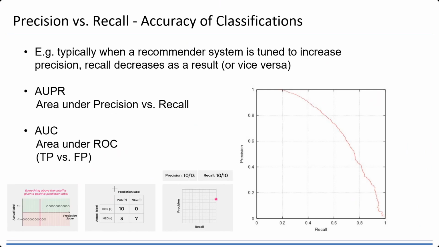It means from the 10 that are true positive, we divide by the total that is actually positive. Precision is the true positive divided by the total of data that has been recommended as positive. So it is 13, and you can see the result is 10 over 13.